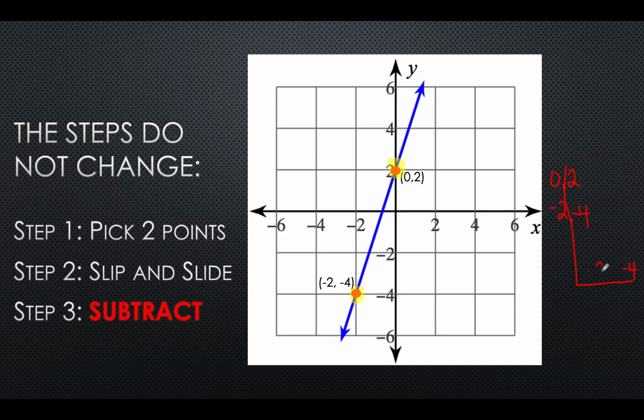The positive 2 comes down afterwards. Do not forget we're subtracting. The negative 2 comes down. The 0, and do not forget we are subtracting. This becomes 6 divided by 2, which is a positive 3.